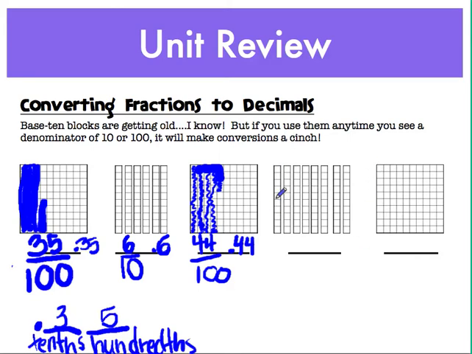Now here we have 1, 2, 3, 4, 5, 6, 7, 8 longs. And we know from before that we're going to put that over 10. So 8 over 10 is going to be the same thing as an 8 in the tenths place. Okay? Now last one, last big one like this.